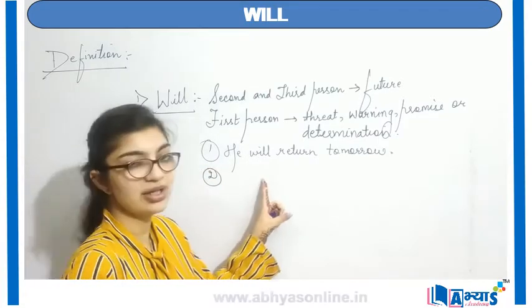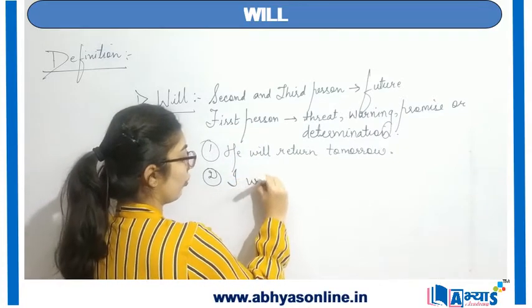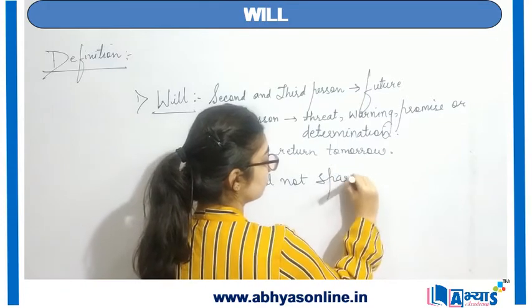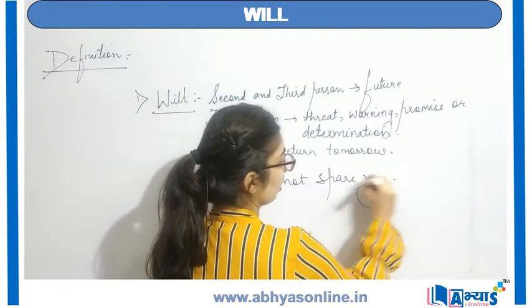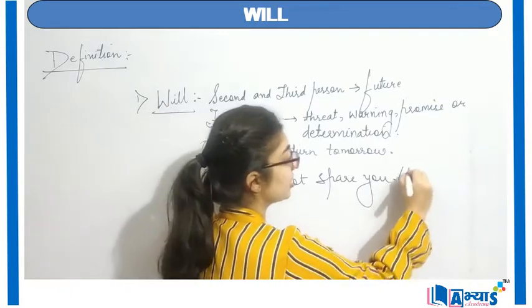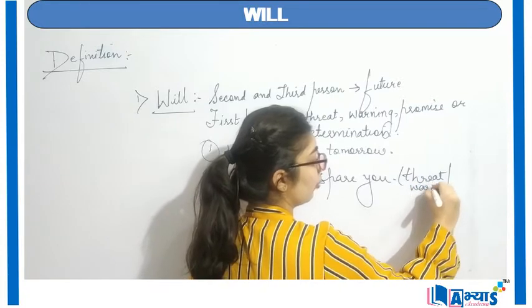An example of will for the first person is, I will not spare you. Now here, will is a threat, or a warning.